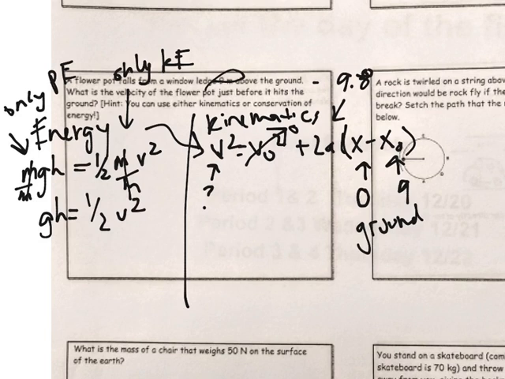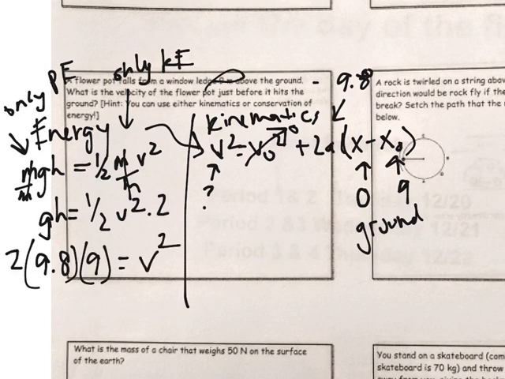We know G is the acceleration due to gravity. We know H is essentially our 9. Let me rewrite this to make it more obvious. So our G is 9.8. Our H is 9. We can move this 2 over, and then it's equal to V squared. Hopefully you can see that, oh wait, this is V squared.